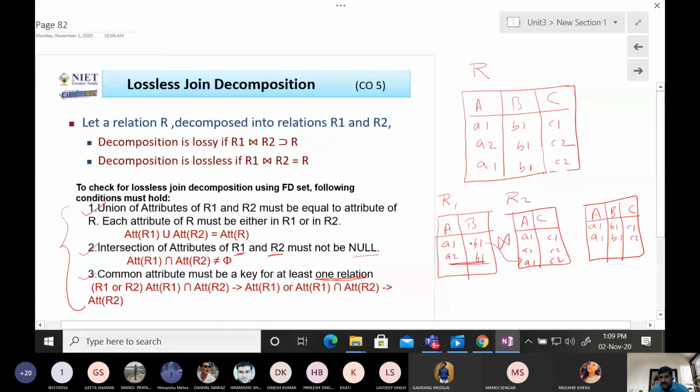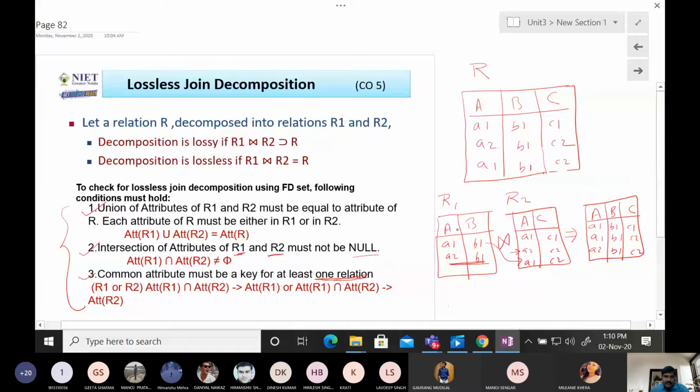Now the second tuple of R1 is associated with only the second tuple of R2. Then we will get A2, B1, C2. So in the result, we will get only three tuples. No extra tuples and no less tuples. We can say that it is lossless join decomposition.